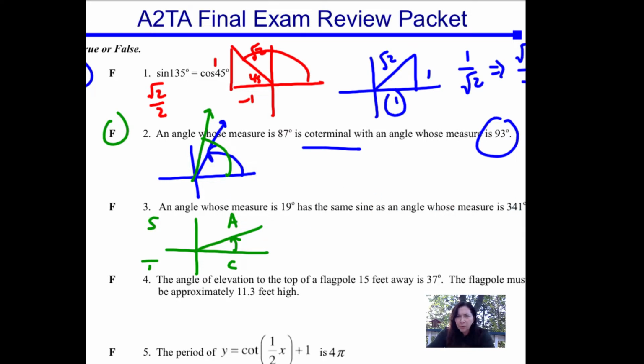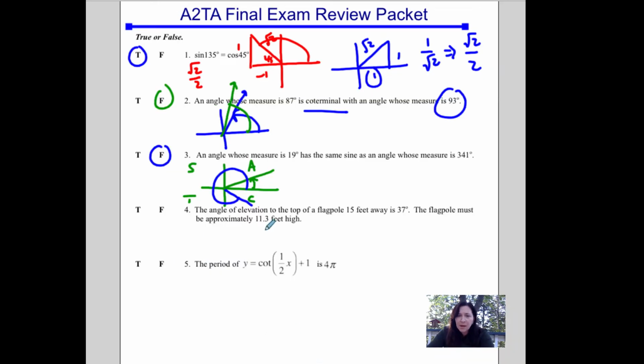So 341 degrees is all the way around to here, okay? And these values here are definitely not the same. In the first quadrant, sine is positive, but in the fourth quadrant, sine is negative. So this would not be true. These would have different signs, like one's positive, one's negative.